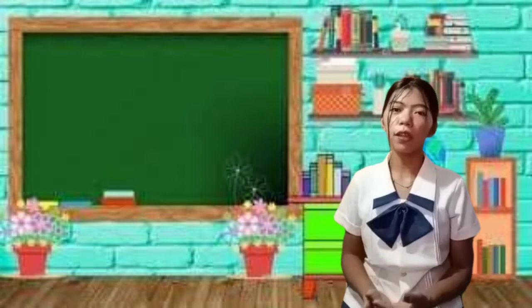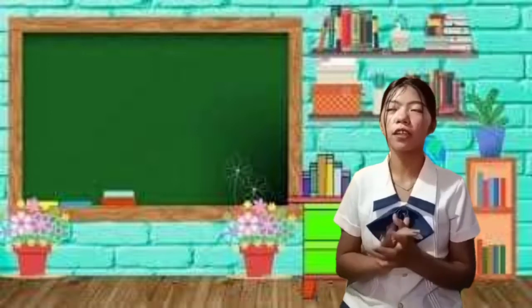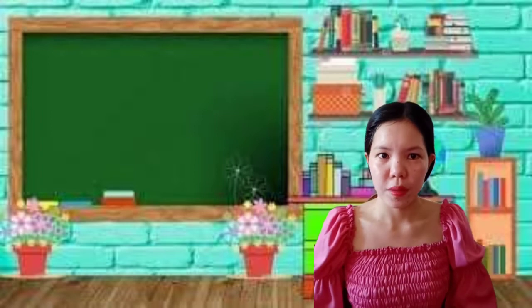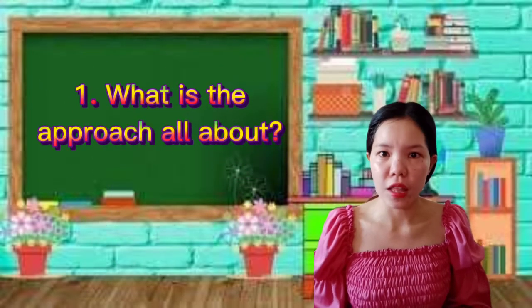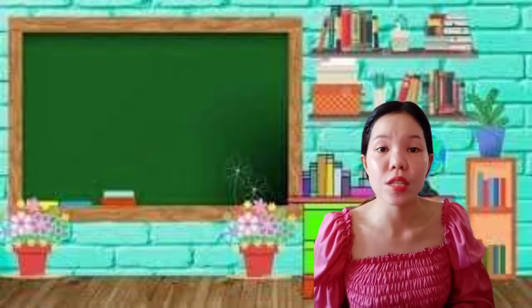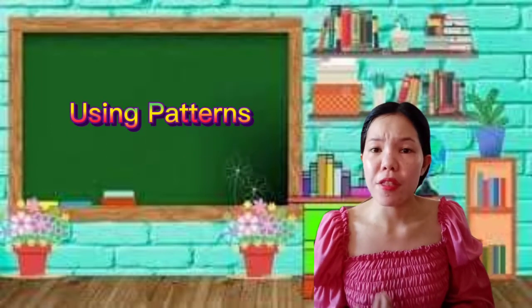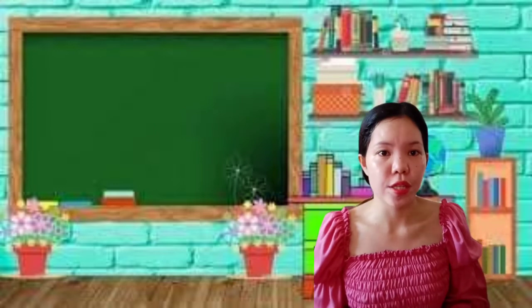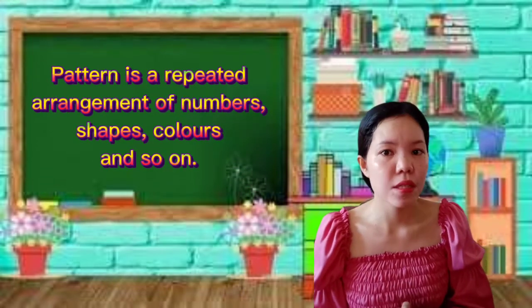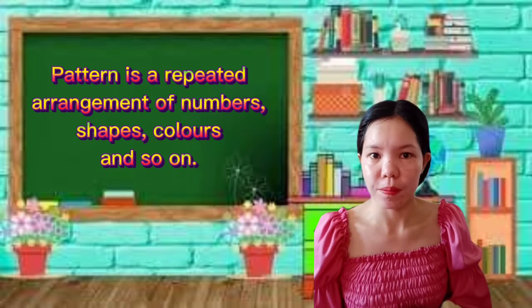To start with, let's first define what the using patterns approach is. First question, what is the approach all about? The approach is all about using patterns. In mathematics, a pattern is a repeated arrangement of numbers, shapes, colors, and so on.